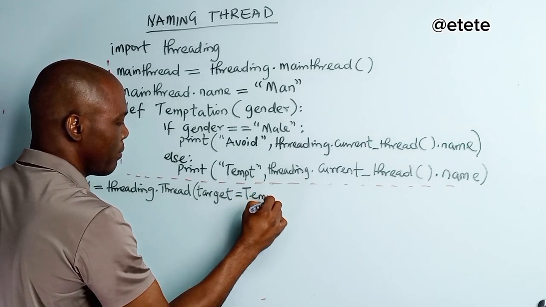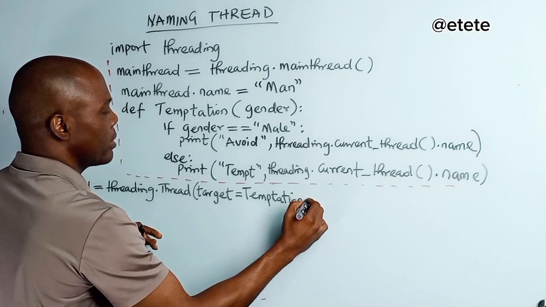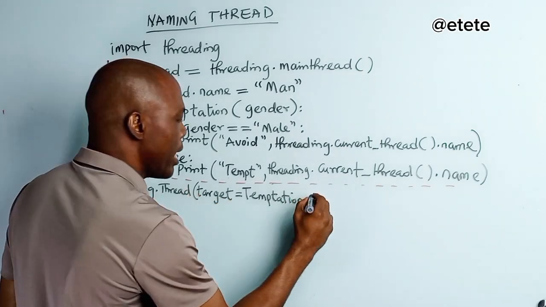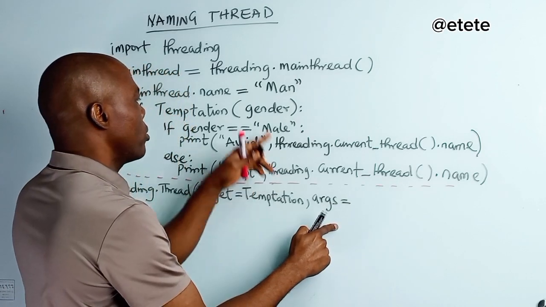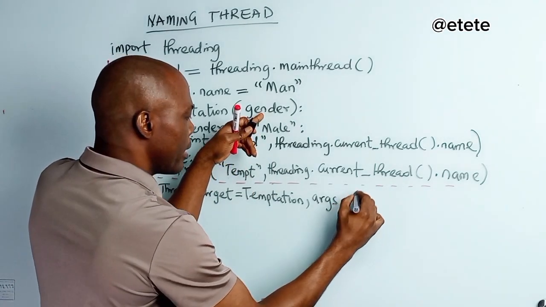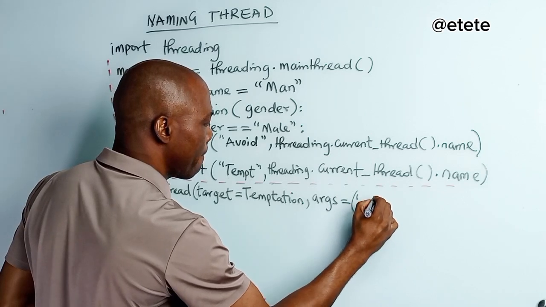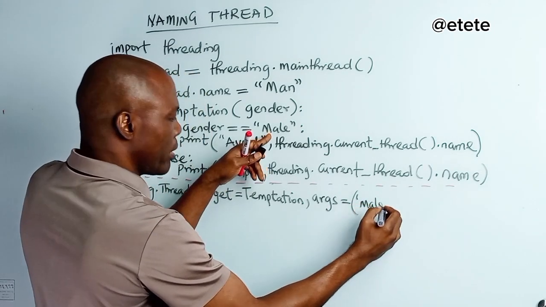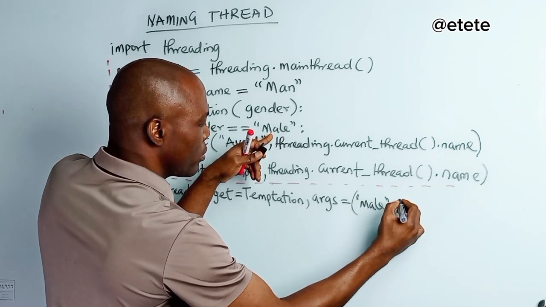That is what I want you to perform, right? Comma. Then the arguments, args, which is the gender. Now here I am going to put male because this is what I want here. So male, then I'll put comma.